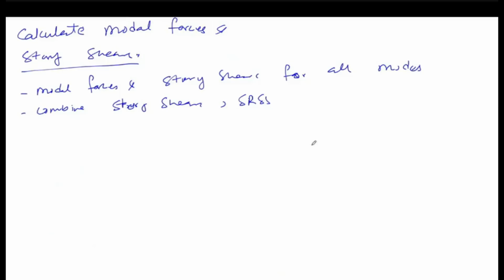But in case the modal vibration periods are close to each other, you have to use the CQC rule, the complete quadratic combination. But in most practical cases, SRSS is a fine approximation.